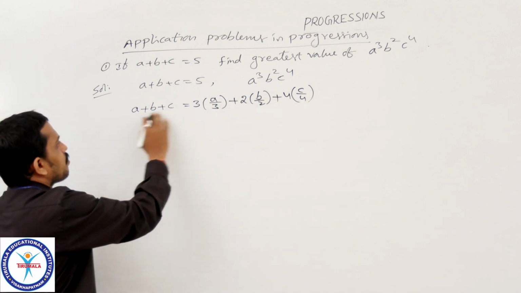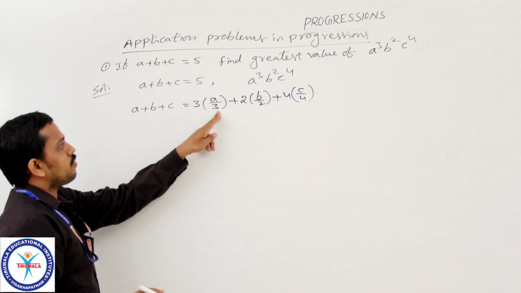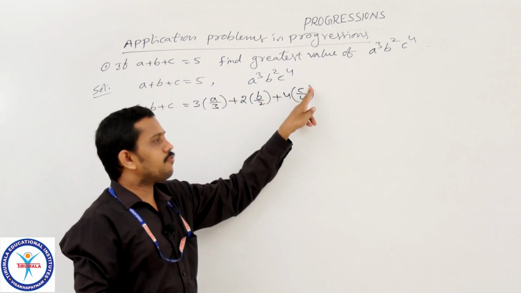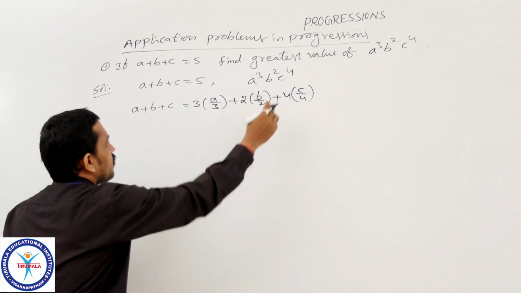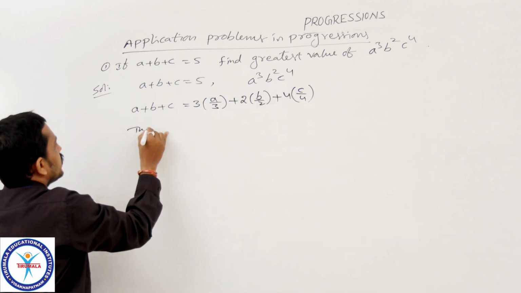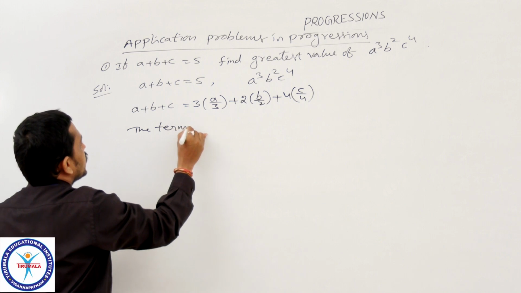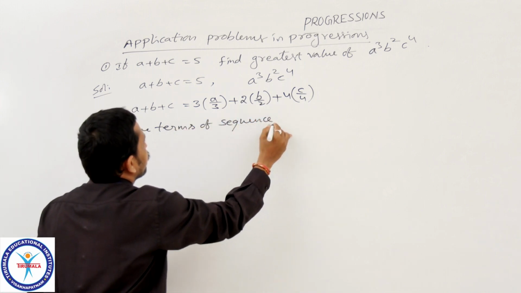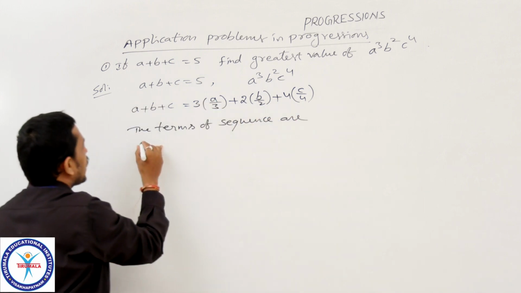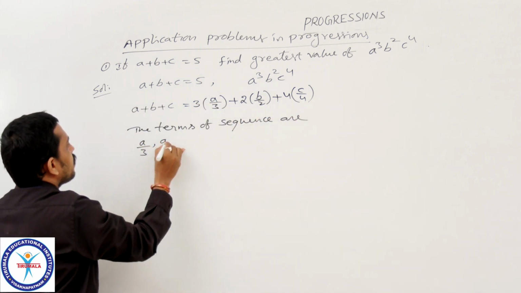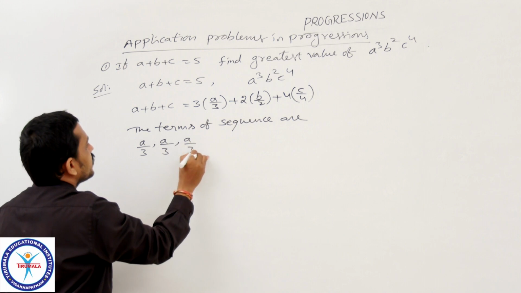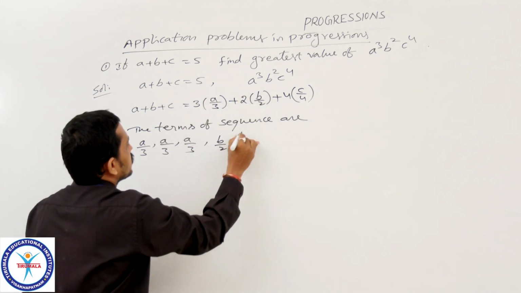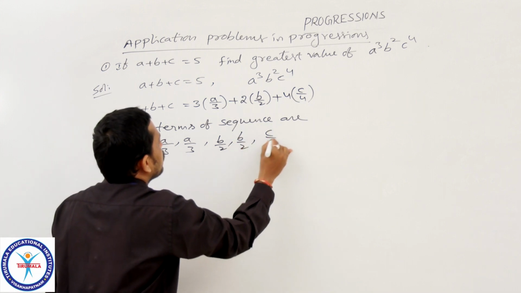It means that here is the sum of 3 a by 3 terms, 2 b by 2 terms and 4 c by 4 terms. Therefore, the terms of the sequence, we will consider as 3 a by 3 terms, 2 b by 2 terms and 4 c by 4 terms.